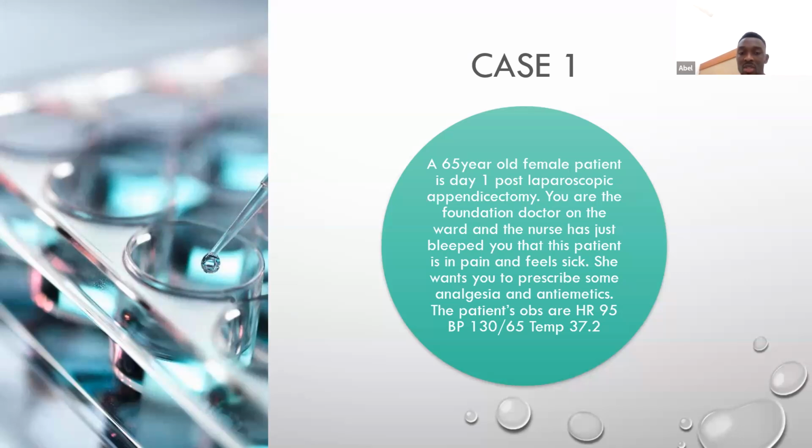So in this situation, you would review the patient, make sure that this is not a complication of surgery, okay? And if that's the case, you would review their medications, see what they're on already, because sometimes it's possible they have not been receiving their medications.